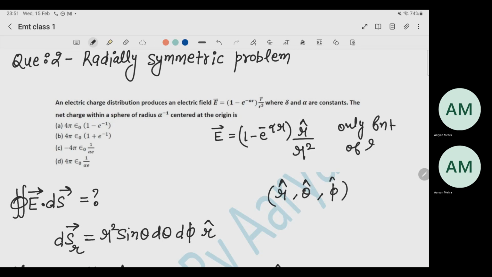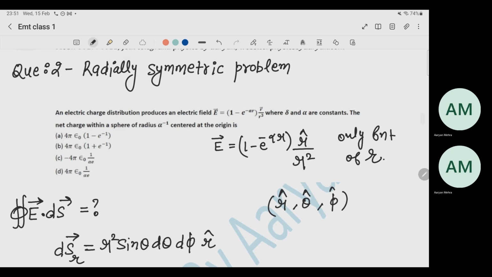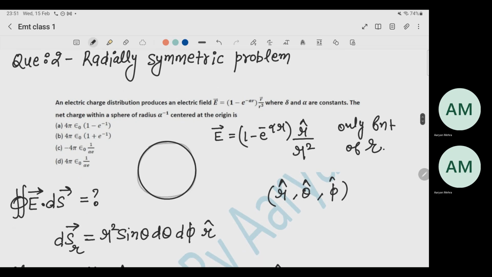If I draw a sphere with radius r, on the surface of this sphere r is fixed, so at all these points r is the same. It means the electric field is the same on all these points, so the electric field only depends upon the radius r. That means the electric field is radially symmetric.